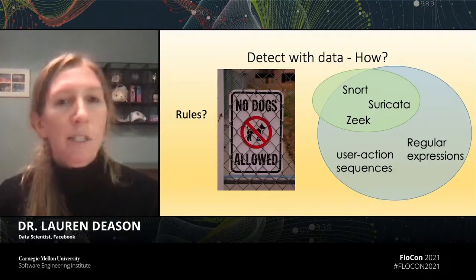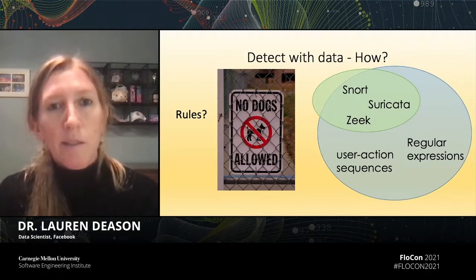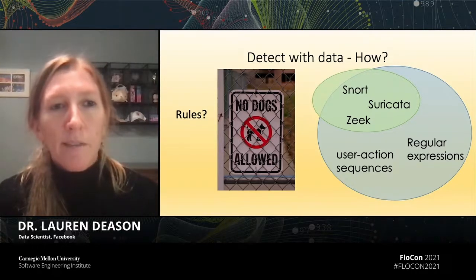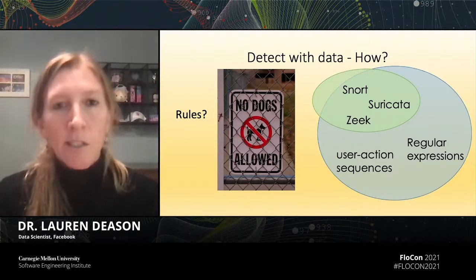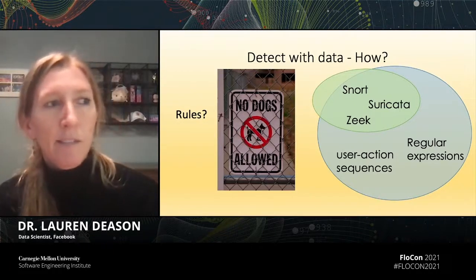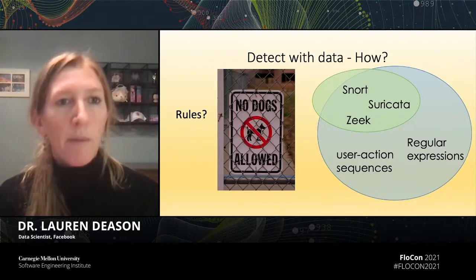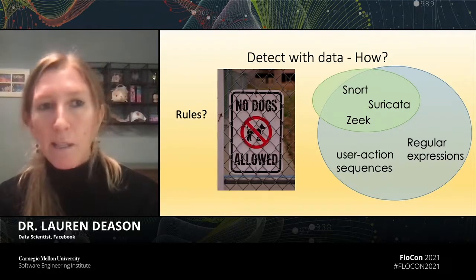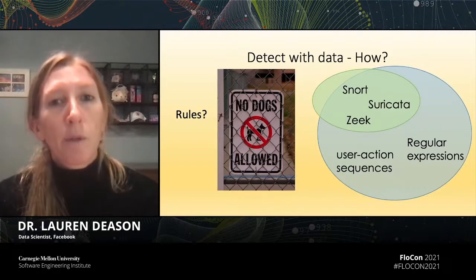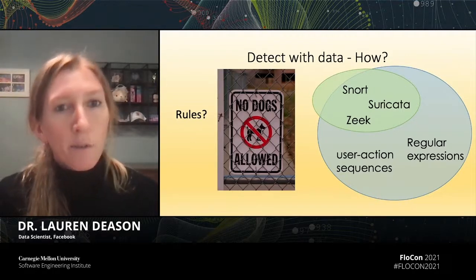So let's take a closer look at those from both a traditional network and a social network perspective. In the rules-based category, in traditional network defense, you have access to things like Snort, Suricata, and Zeek that allow you to define specific rules or signatures that you can block or take action based on. And of course, at a company like Facebook, we have access to all of those as well.